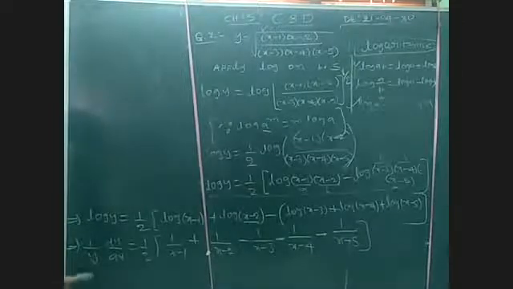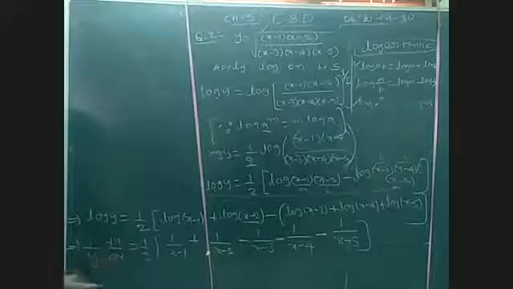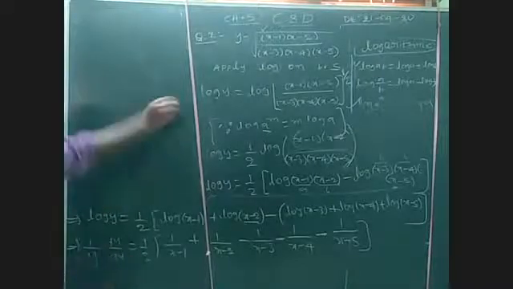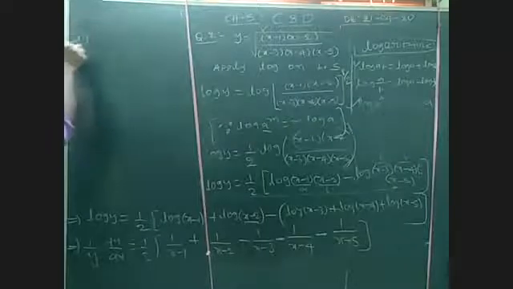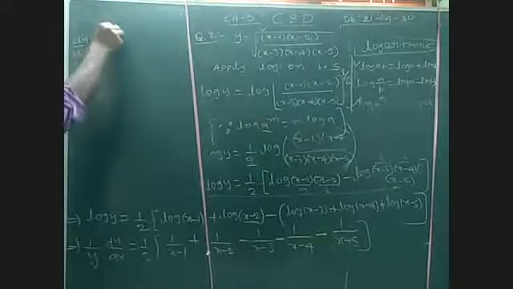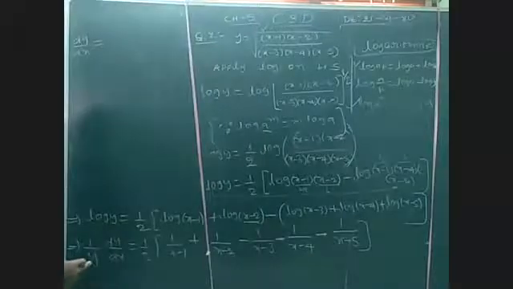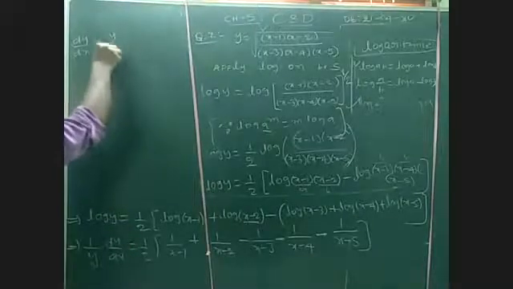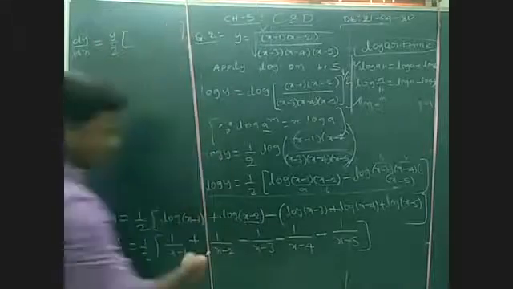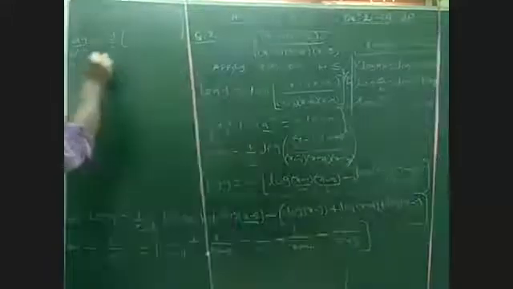What will you do here? This y you can cross multiply. If you cross multiply here, we will get dy by dx is equal to 1 by 2 of, you can write this total value. Then at last you can replace y again.